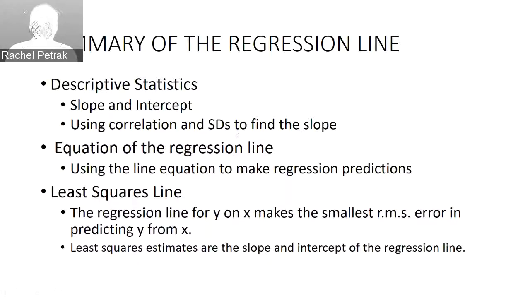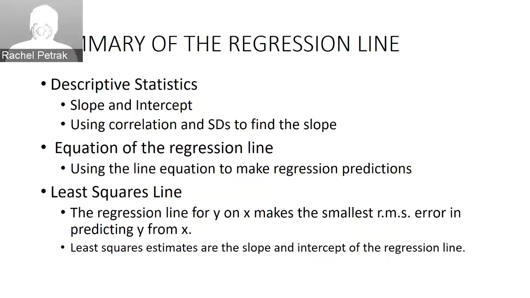In summary, when we have regression, we have descriptive statistics, including the slope and intercept, that are both essential to the regression method. We can use the correlation and the standard deviation to find the slope, and you should be able to do that easily, and to help you solve other problems too. We use the line equation to make regression predictions.